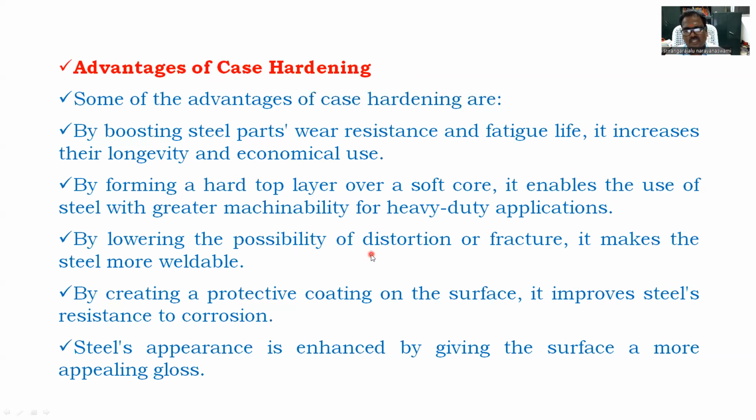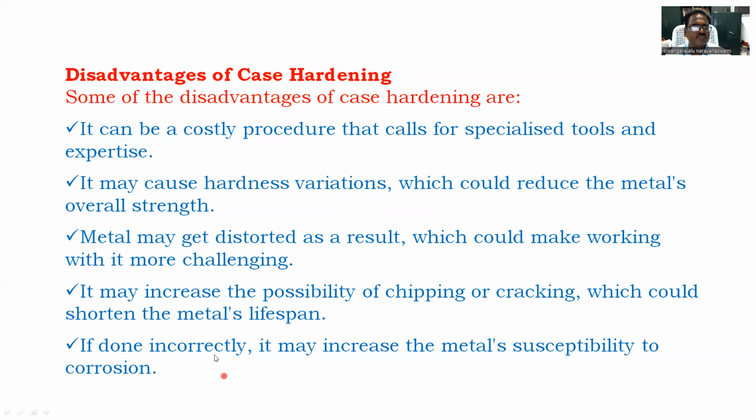By lowering the possibility of distortion or fracture, it makes the steel more weldable. By creating a protective coating on the surface, it improves steel's resistance to corrosion. Steel's appearance is enhanced by giving the surface a more appealing gloss.